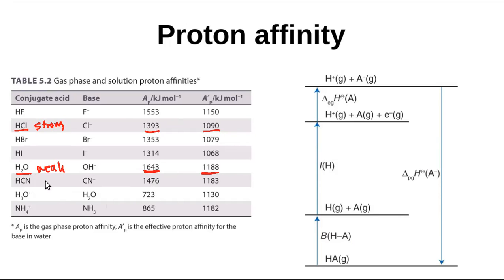So we can draw the conclusion that a weak acid has a higher proton affinity. But what is an affinity? It's unfortunately not any thermodynamic quantity. It's not a jump from, say, the A minus and the H plus going down to the compound like that.